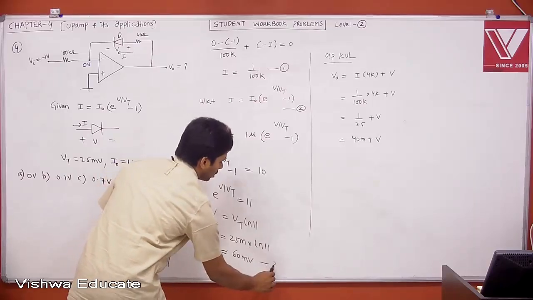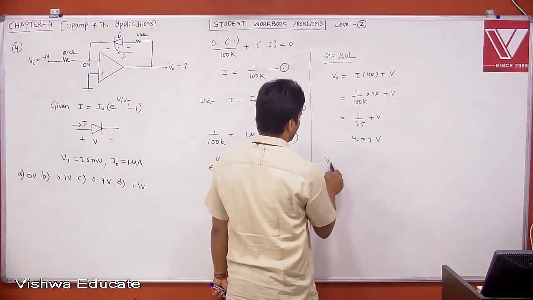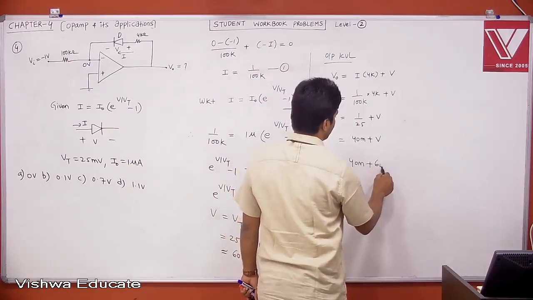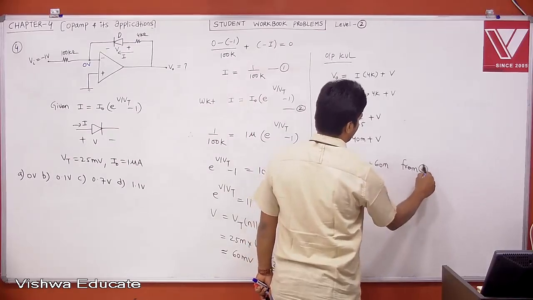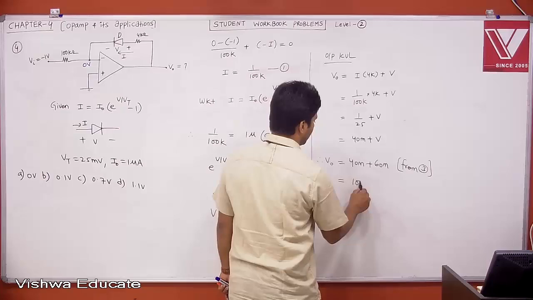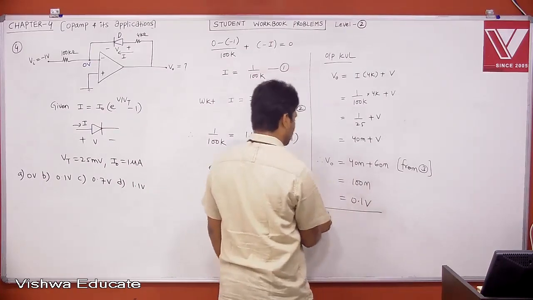Therefore, you can call this equation 3. Then from 3, V0 is equal to 40 milli plus 60 milli, which is nothing but 100 milli, that is 0.1 volt.